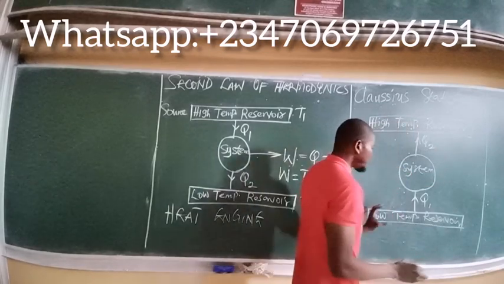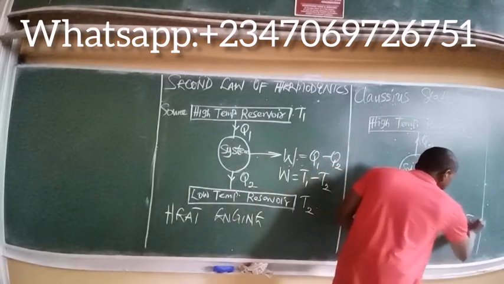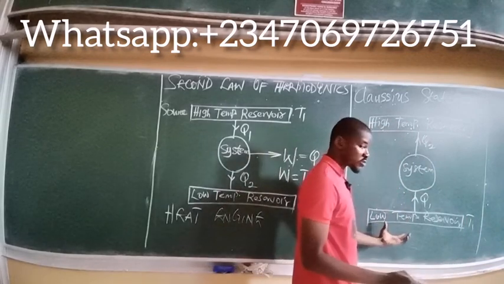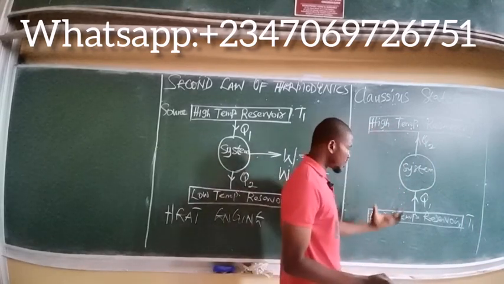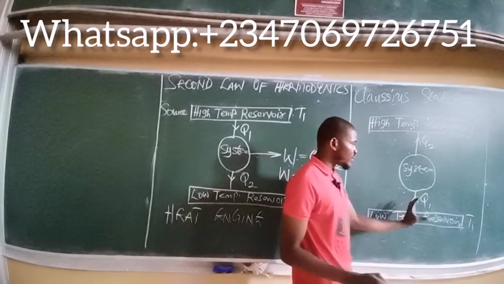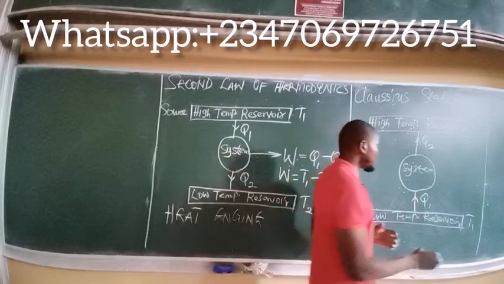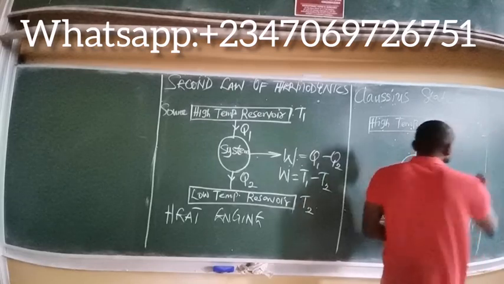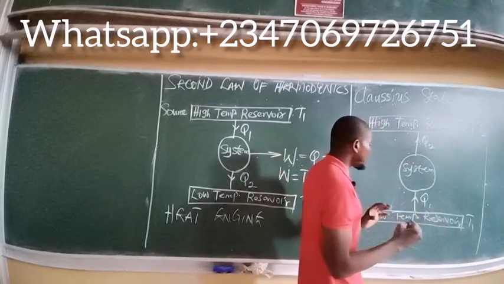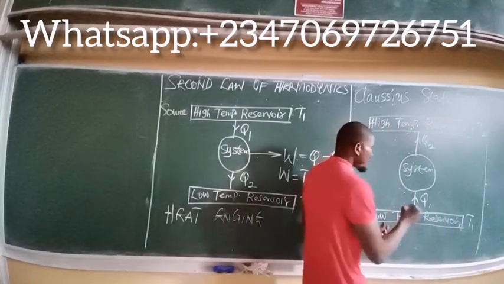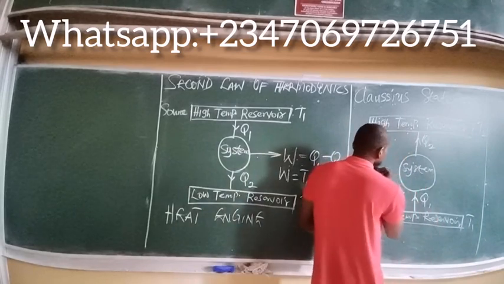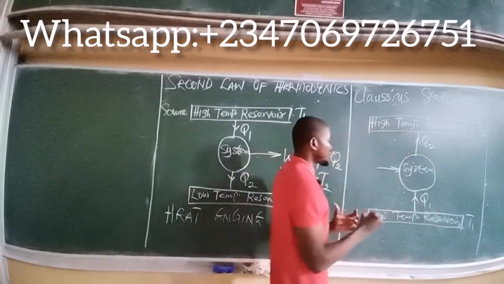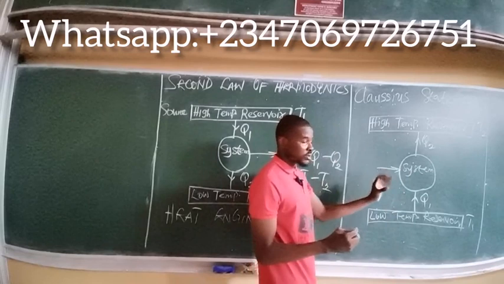And of course, since this is low, this is T1 in this case because this is now the source and this is now the sink. So heat is coming from the low temperature reservoir to a high temperature reservoir. Simply call this temperature T2. Okay, so the law is simply saying that if this is achieved, then work is being done on the system.